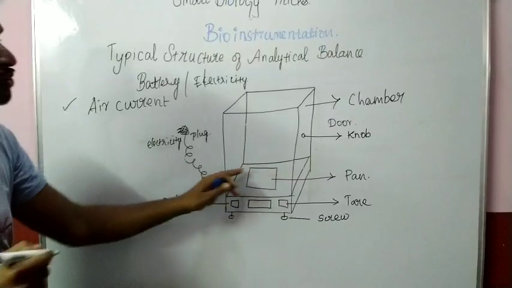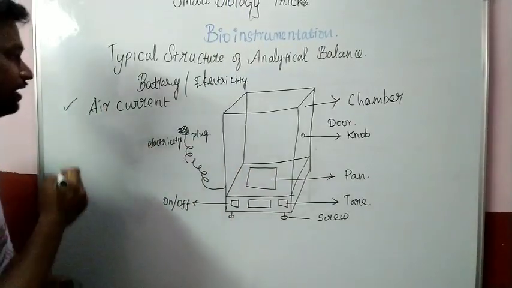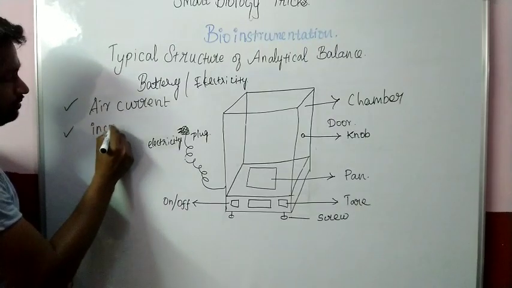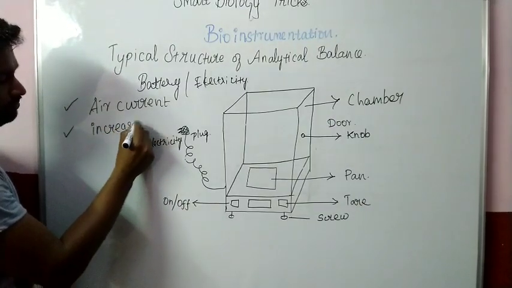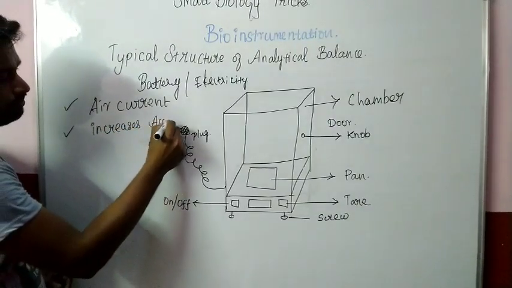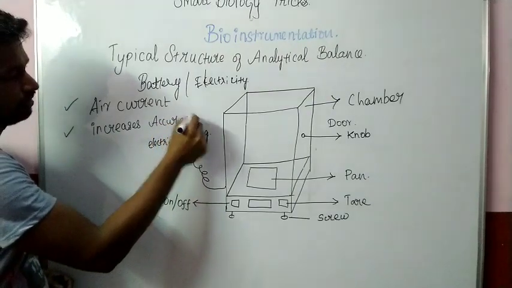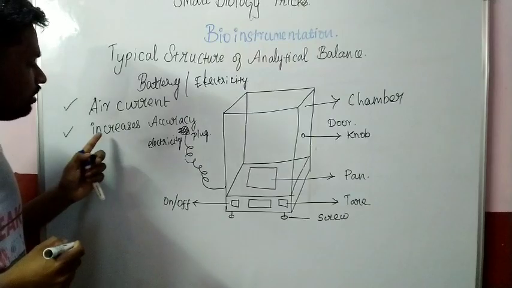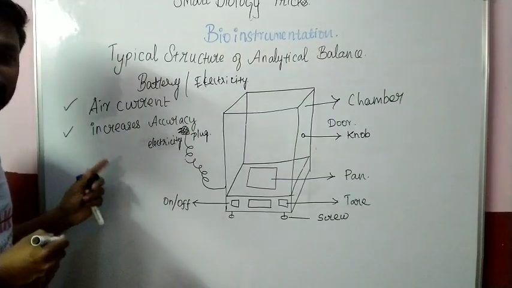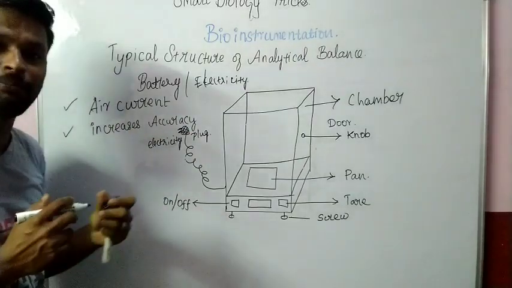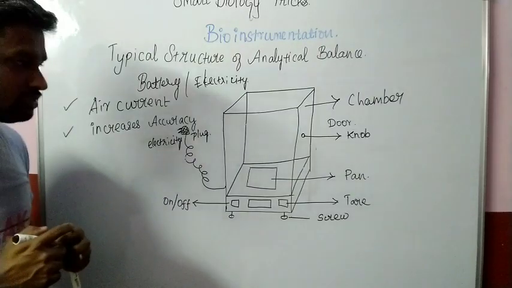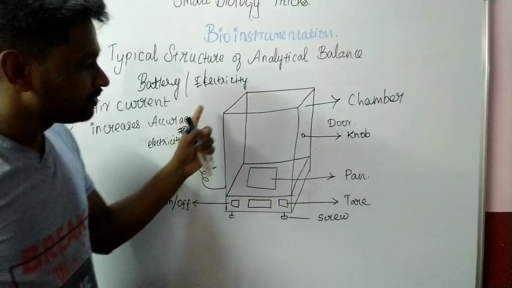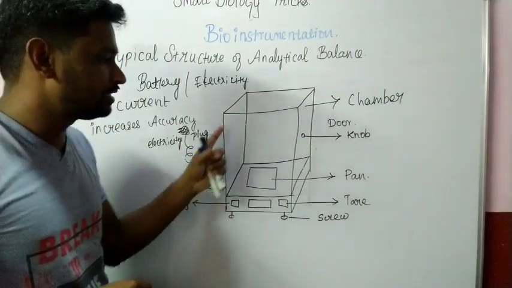This chamber is used for preventing air current, and it increases the accuracy. Due to the prevention of air current, the accuracy of this instrument is increased and the measurement will be highly accurate. For that only the analytical balance is built with the chamber.